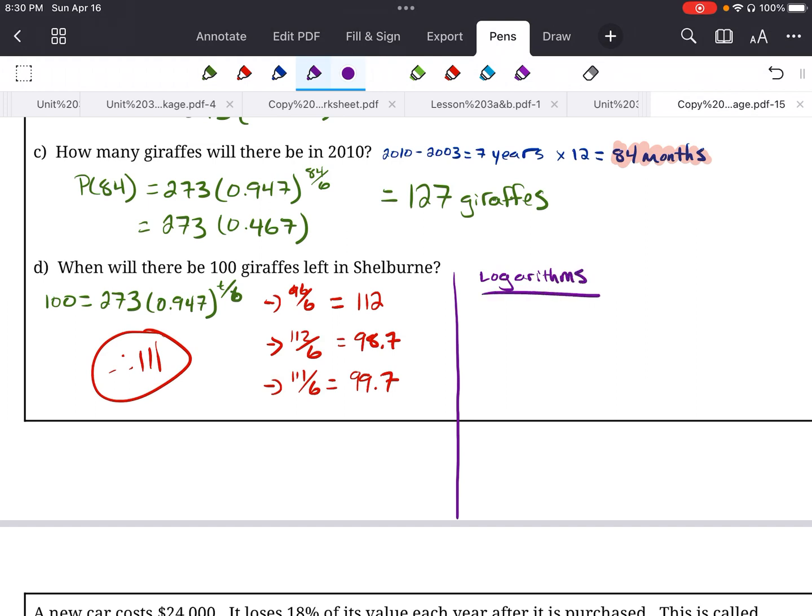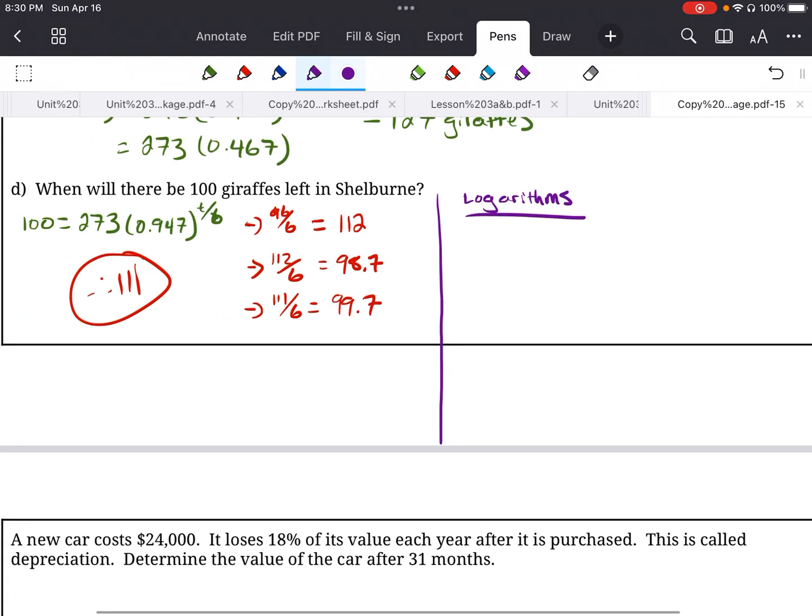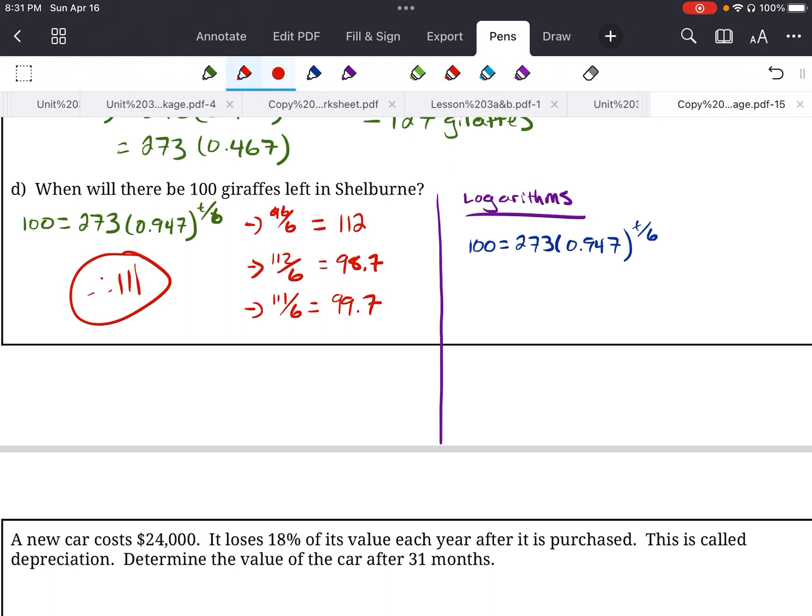Okay, and you're going to need to know what logarithms are going into grade 12 math. They get a little more difficult in grade 12, but I'm going to show you the basics, and that's going to help us determine an exponent, so a time that we're looking for in this case. So we have 100 equals 273 times 0.947 to the power t over 6. So the first thing we want to do is get rid of the 273.